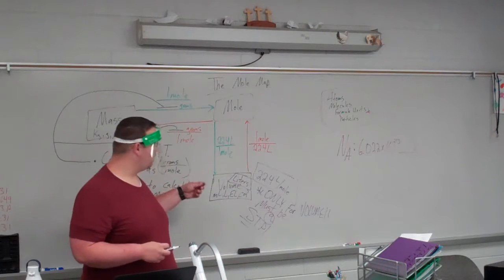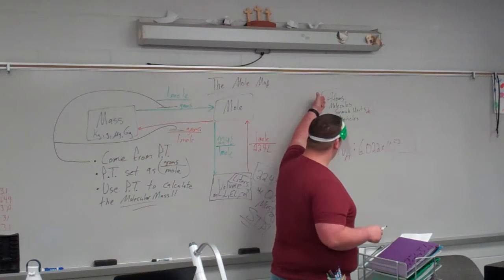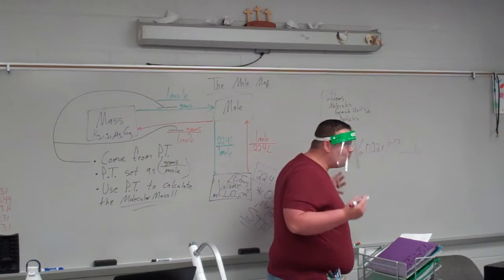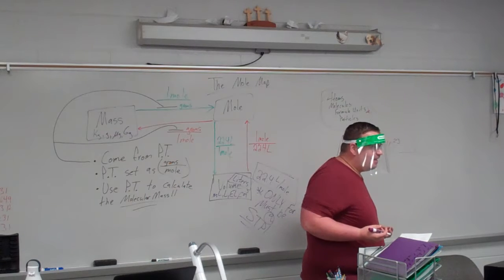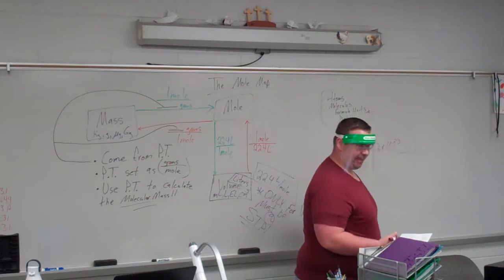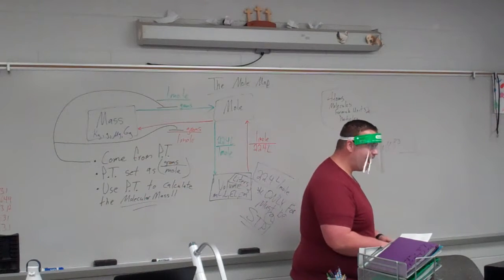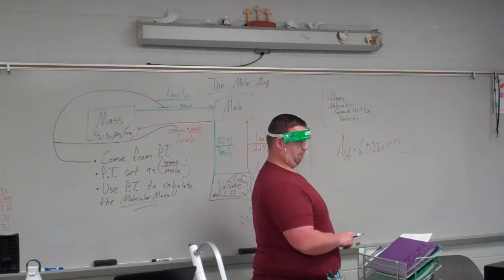And it can be atoms, molecules, formula units, particles. That's a lot in one little box. Do you have to worry about all of that? Why? Because I will give it to you or I will ask you for it. Don't worry about it. Capiche?